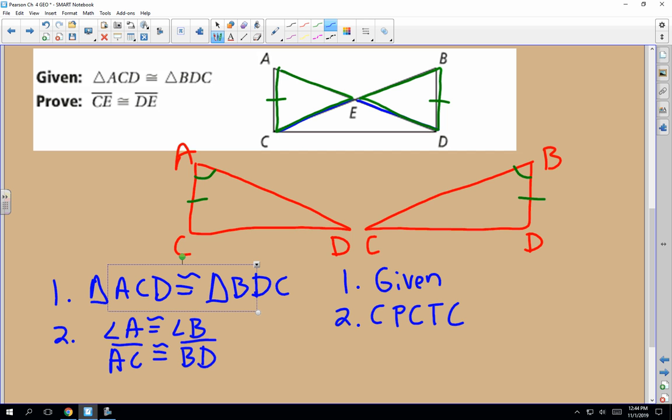And let's mark it here as well. So I've got a side and an angle, congruent to a side and an angle. If I could just get one more piece that fits one of these four in red, then I've got it. Do you see, looking at the green triangles, any other angles or sides you could prove are congruent?